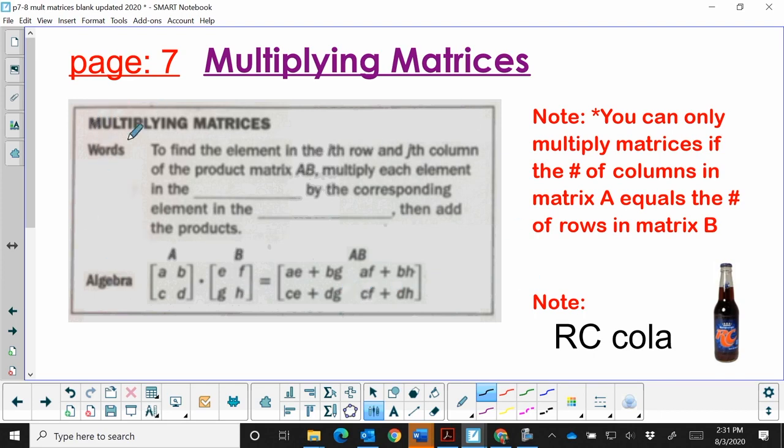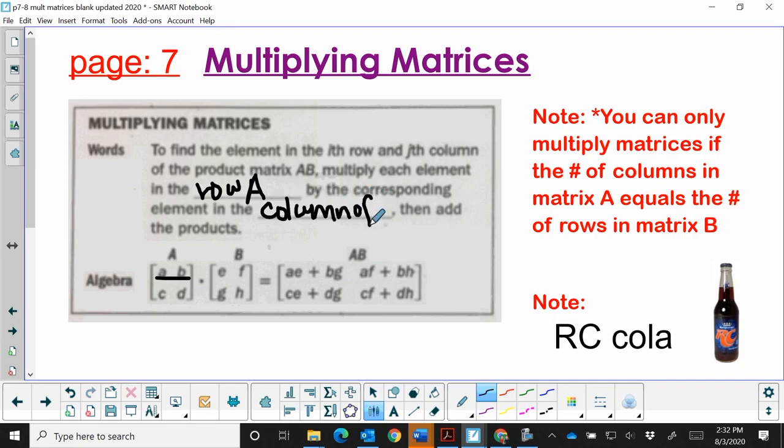So you can write this in, multiplying matrices: to find the element in the nth row and the jth column of the product matrix, so product meaning the answer when we multiply, A times B, multiply each element of the row of A. So you take the first matrix, the row, by the corresponding element in the column of matrix.